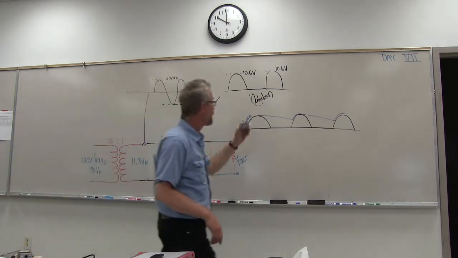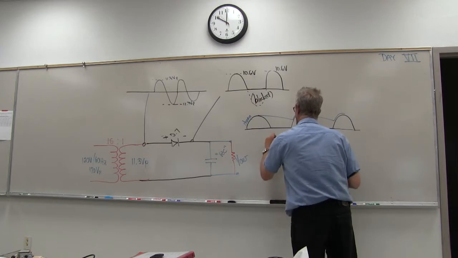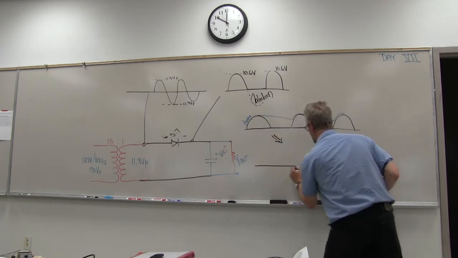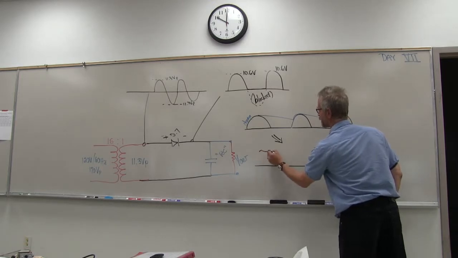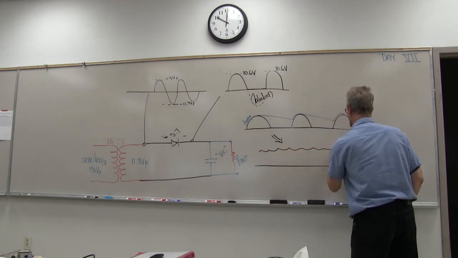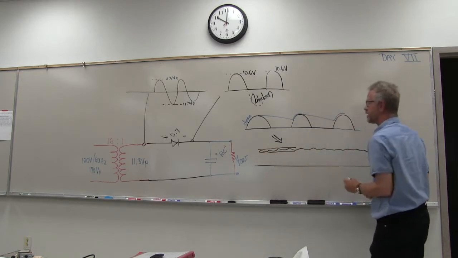So what we end up with, taking a bunch of this stuff away, is this. 0 volts. And I end up with something that looks like this, where that's my capacitor charging and discharging.